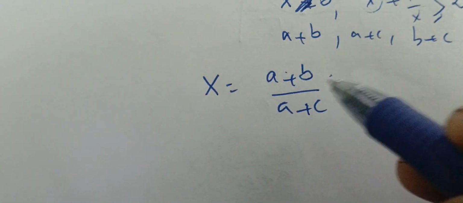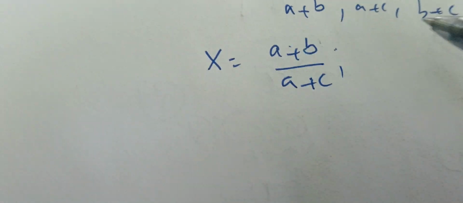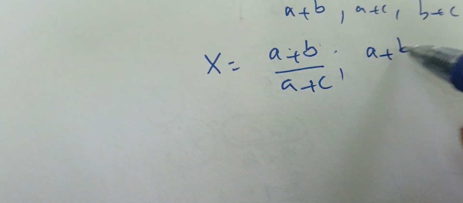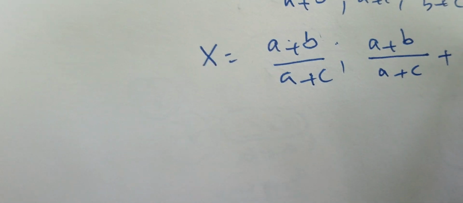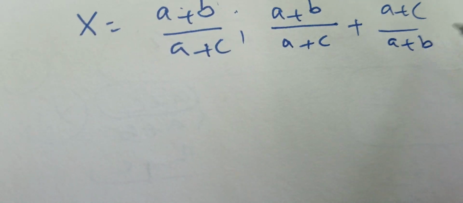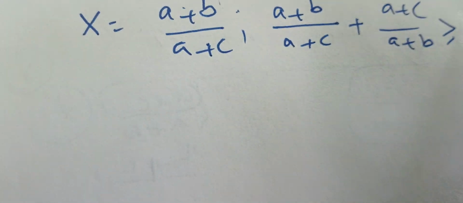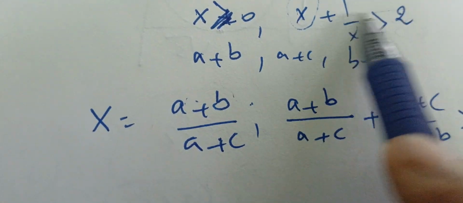So if we use x for this one, we have A plus B over A plus C plus 1 over x, which gives A plus C over A plus B, is greater than or equal to 2. Note that x is this one. I'm using the result that we proved before.